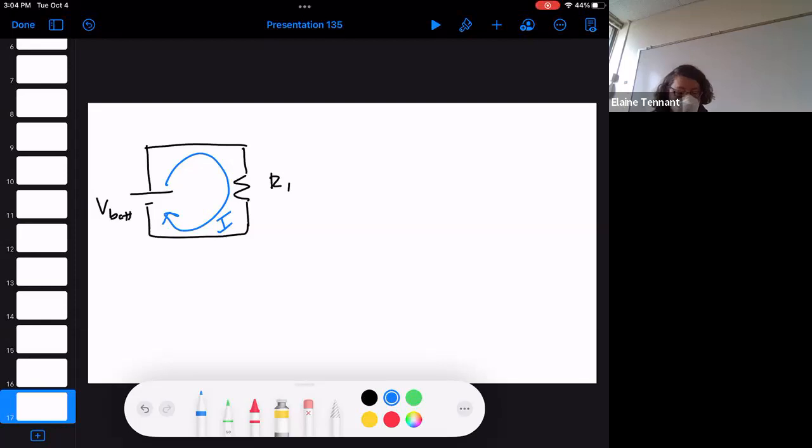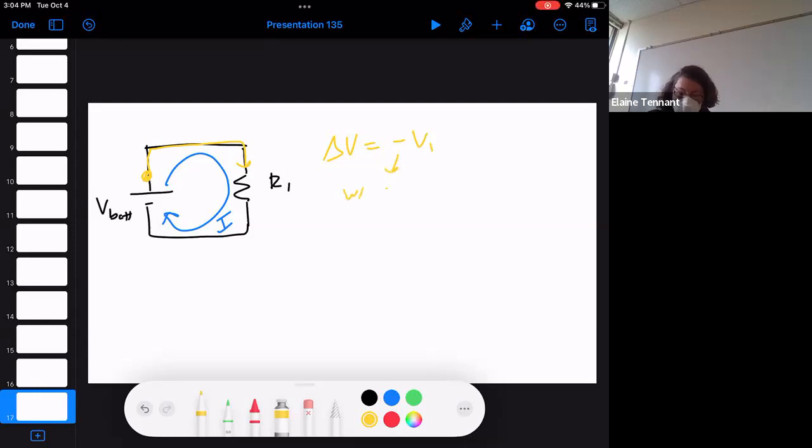Okay, if you have any junctions at this point, you write down your junction rule. You say all the current into this junction equals all the current out of this junction. We'll do one of those on Thursday. Then you do your voltage rule, where you pick a spot and you go around the circuit. When you hit a resistor, if you're going with the current across the resistor, you drop that voltage.